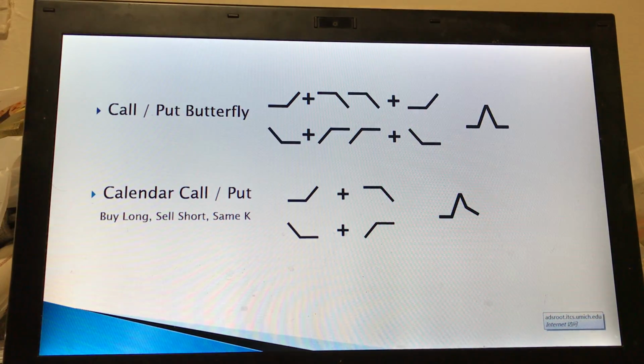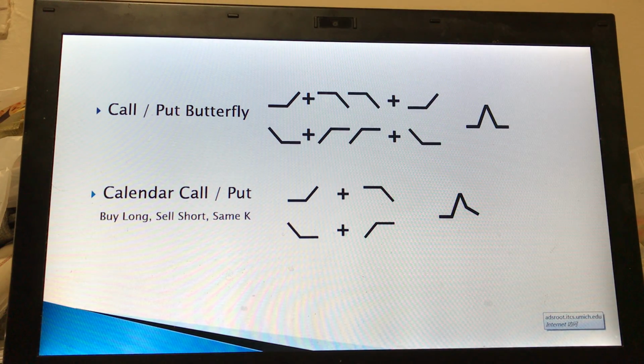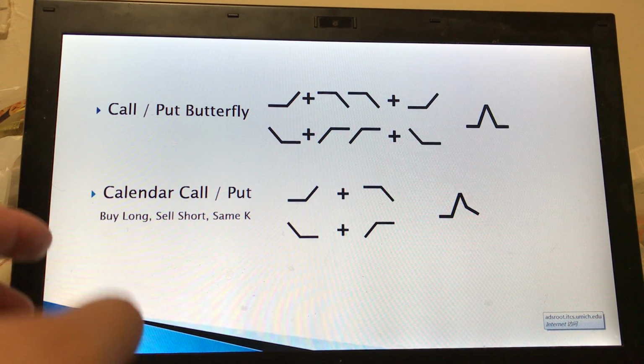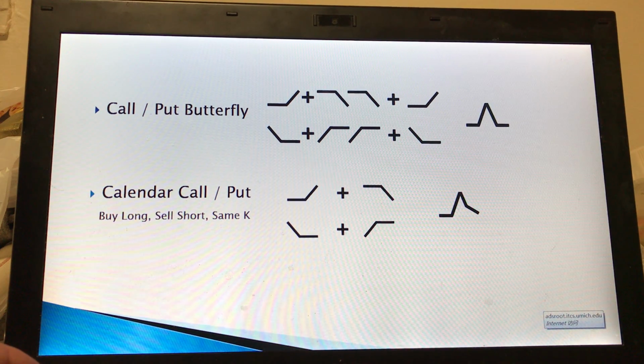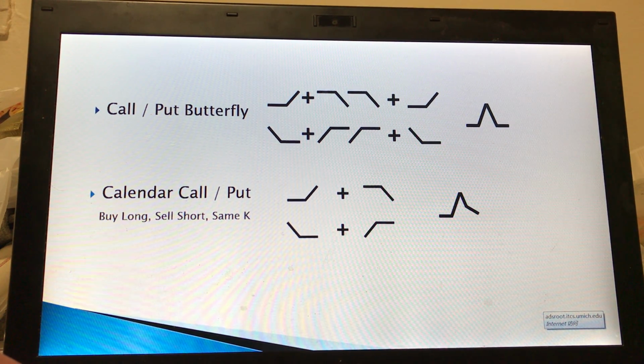You will expect the stock to stay within a very small range. By doing this, you are highly confident that the stock will stay in a very small range, since if it moves to either strike price on each side, you will suffer the maximum loss at expiration.